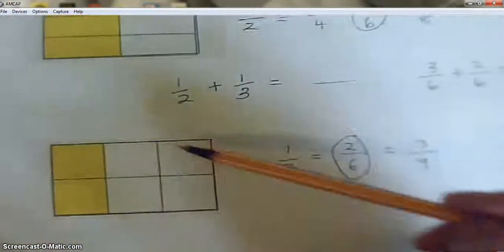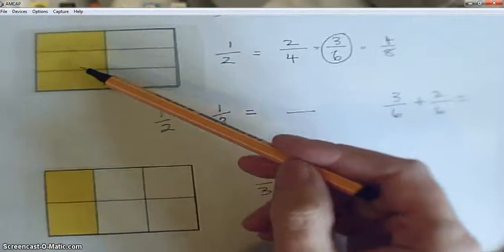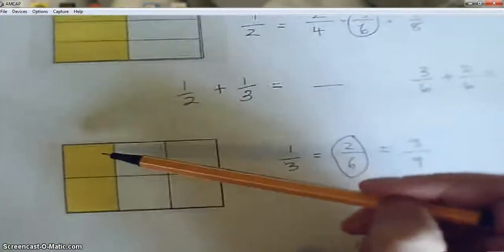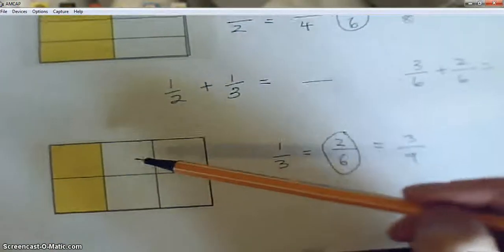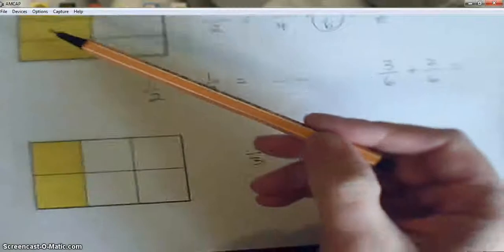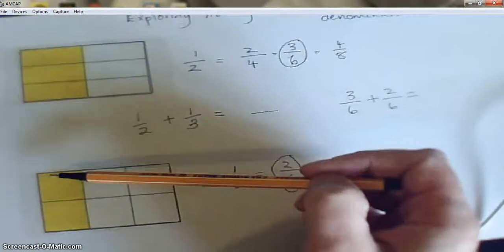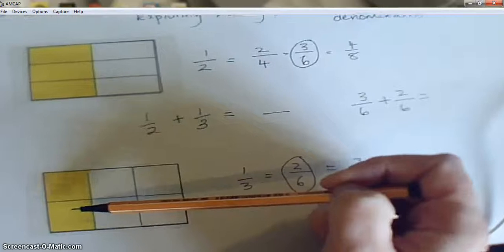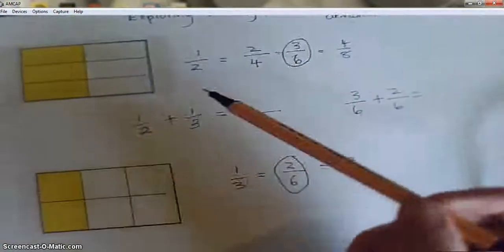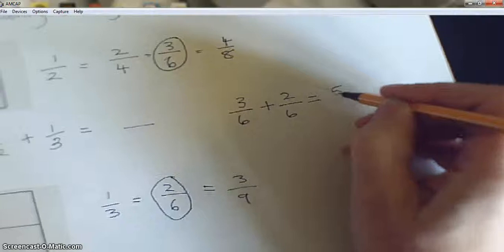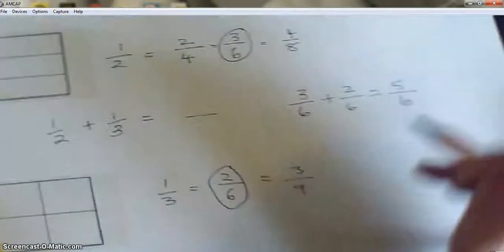With the wholes the same, I've got 1, 2, 3 out of the 6 pieces, and I've got 1, 2 out of the 6 pieces. Now, if I wanted to, I can physically just add these: 1, 2, 3, 4, 5. Okay, so I know I've got 5 out of the 6 pieces.